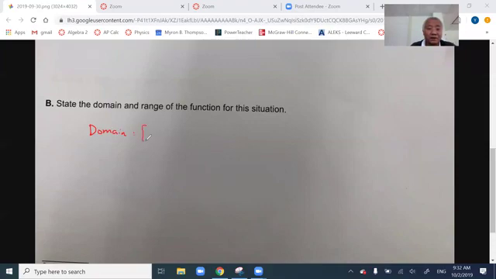So all the values of x will be from 60, the lowest one, until 100, but not including 100. That's the domain. And the range, what's the meaning of range? That means all the y values. The possible y values are 1, 2, 3, or 4. Only those 4 numbers are the range.